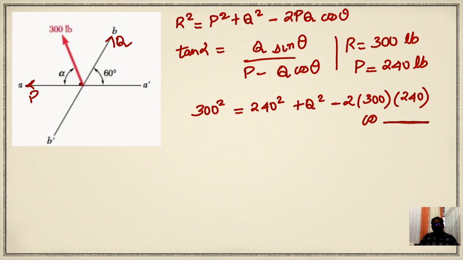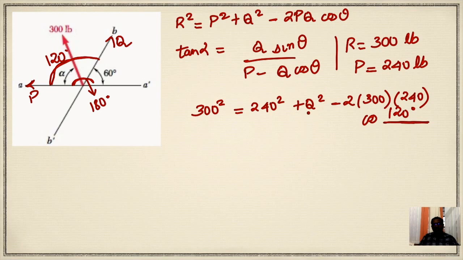This is actually a straight line, so this angle that has been formed is 180 and this angle is known to us, which is 60. So obviously the angle between your P and Q, which is this particular angle, is going to be 120 degrees. So we'll just substitute that as 120 degrees.